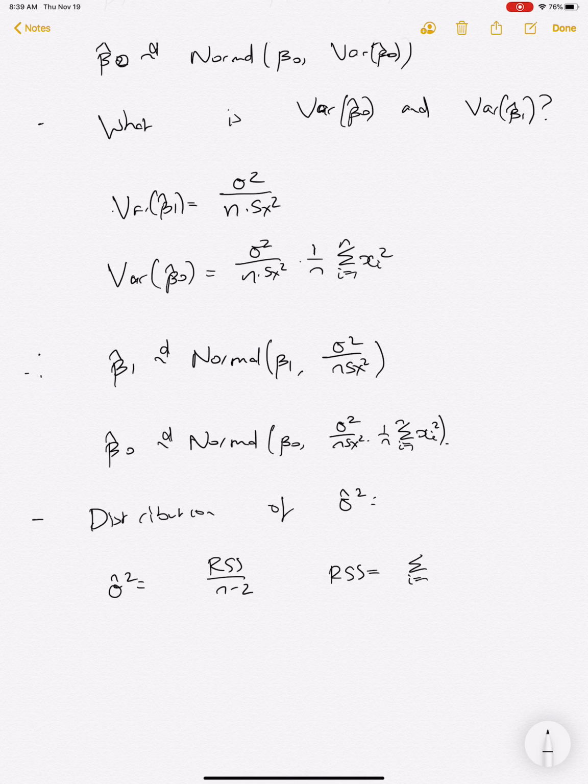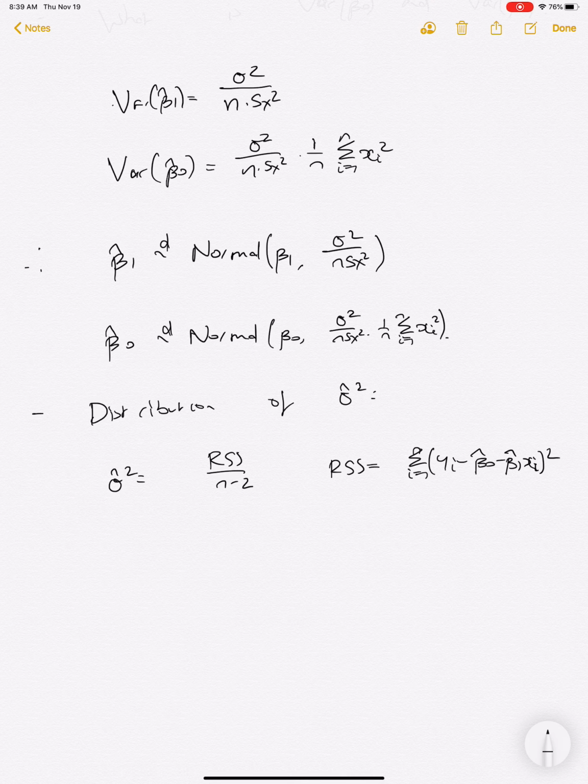And it can be shown that something reasonably intuitively true, which is that if you look at n minus 2 times sigma hat squared and then you divide by sigma squared, that's going to have a chi-squared n minus 2 distribution.